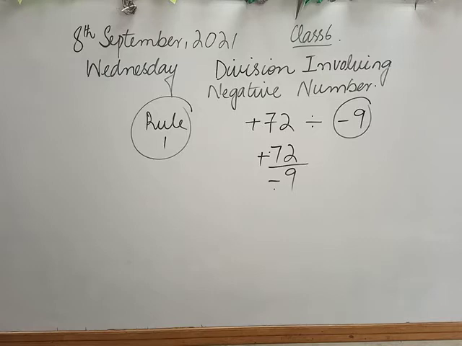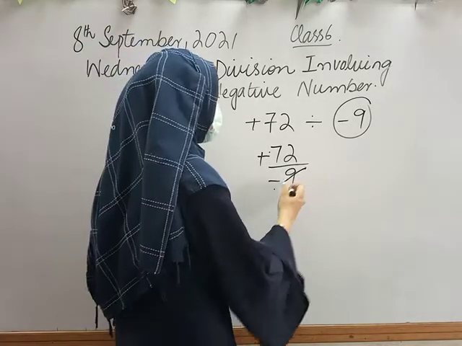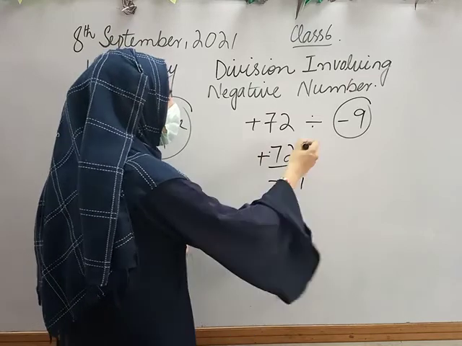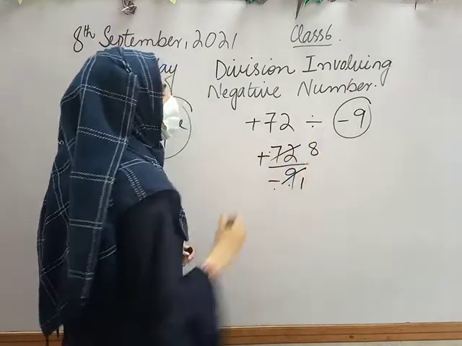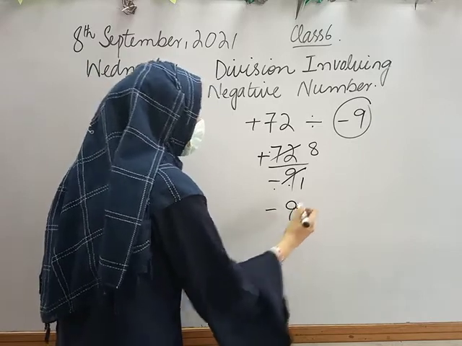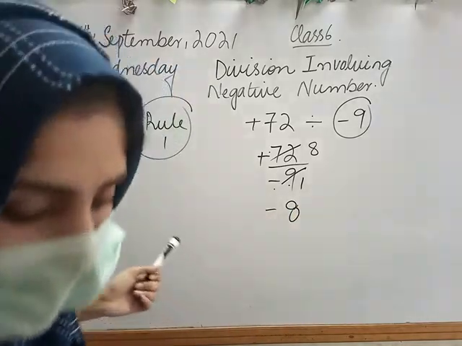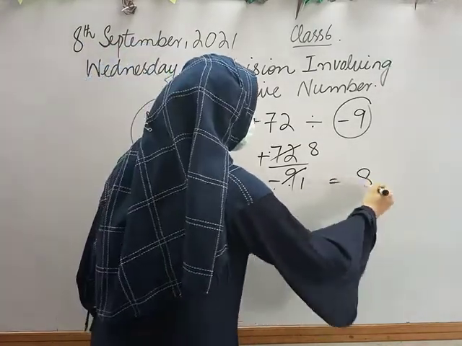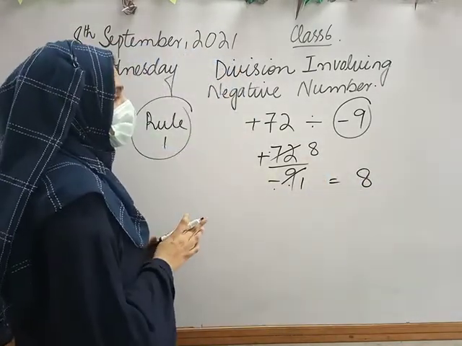Very good. So according to this, we have in denominator 9. As you know, 9 1 times 9 and 9 8 times 72. So in the end we have 8. Fine. And what about the sign?